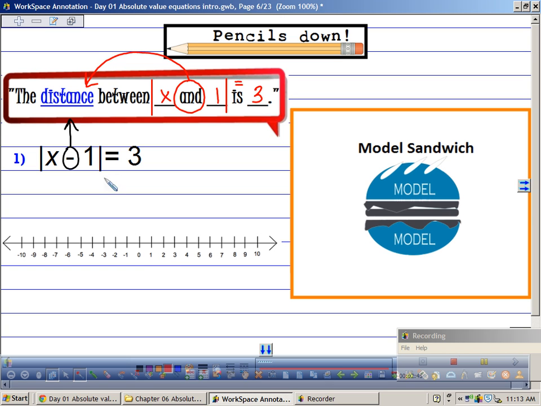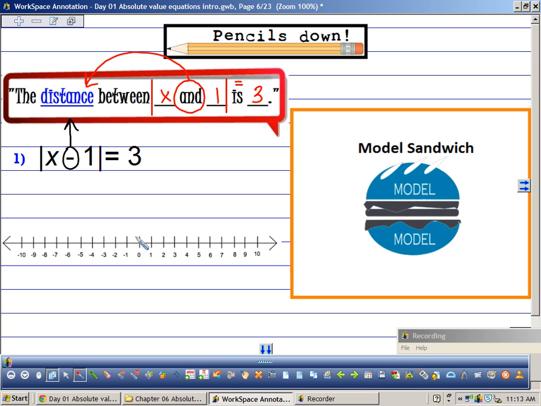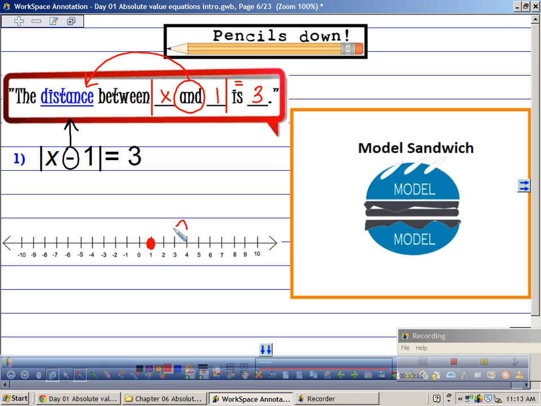So in the last example, we're talking about 1, right? That's what I'm going to put in the middle. We know the distance from 1 to some other number is 3. So if I go out 1, 2, 3, and in this direction I can also go out this way, 1, 2, 3.